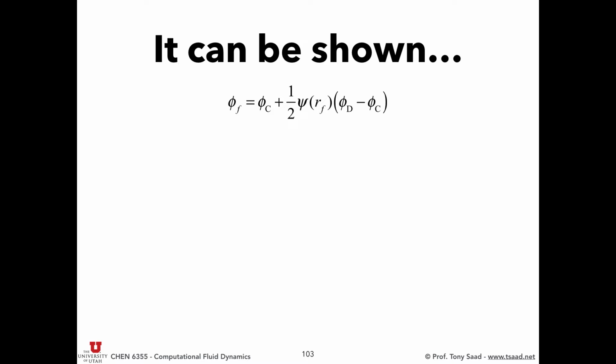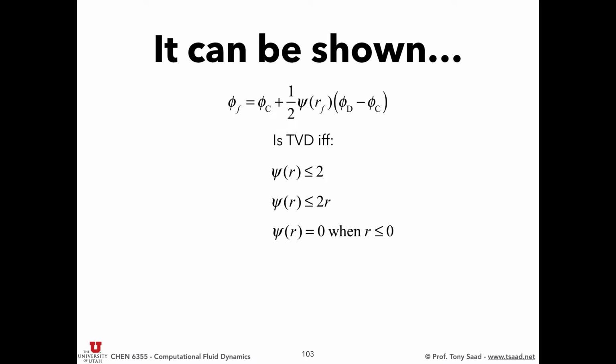We can show that for schemes of this form, phi upwind plus 1 over 2 times psi times phi downwind minus phi upwind, this scheme is TVD if and only if psi of r is less than 2, regardless of r, and psi of r is less than 2r. So if you draw the line 2r and draw the line 2, we want to make sure that psi is less than those.